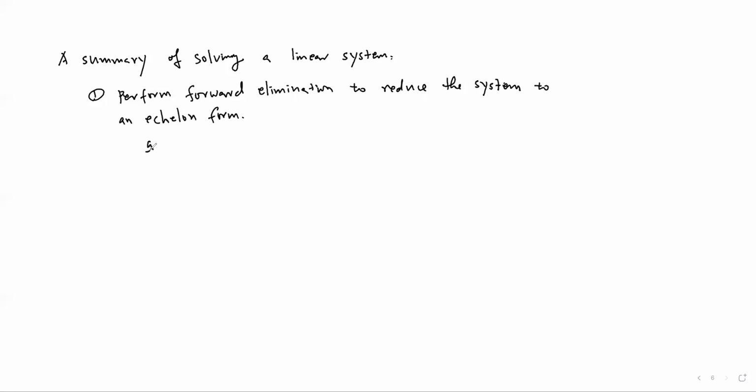Case one, if the bottom non-zero row, I'm talking about the augmented matrix. The bottom non-zero row, where a row containing one non-zero entry is considered non-zero, is of the form 0, 0, 0, then the right-hand side is non-zero.